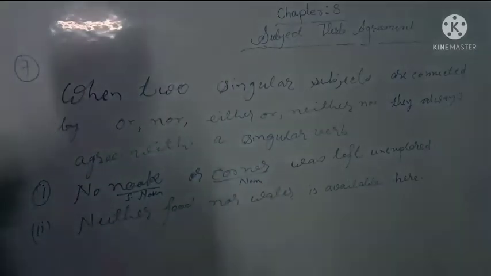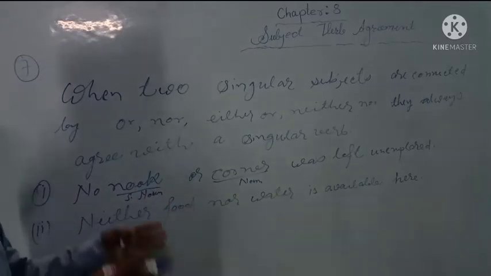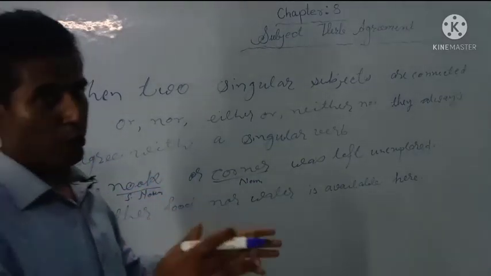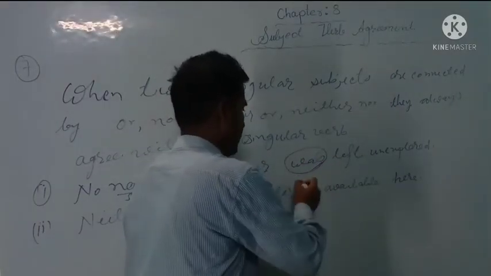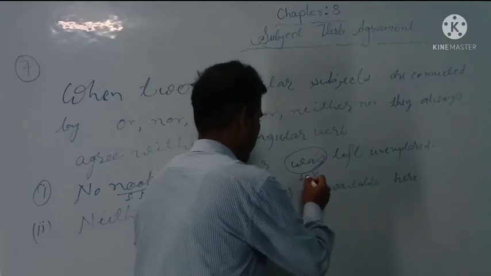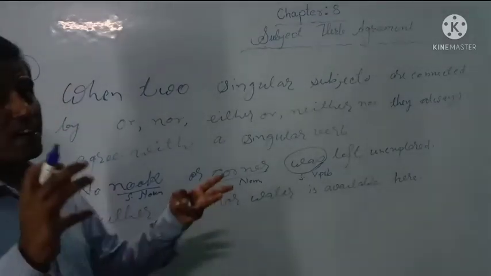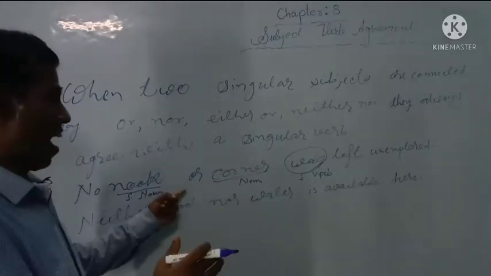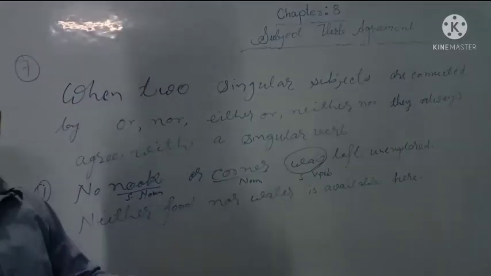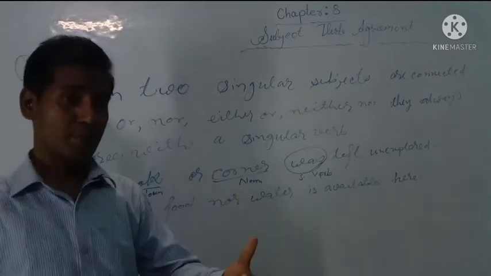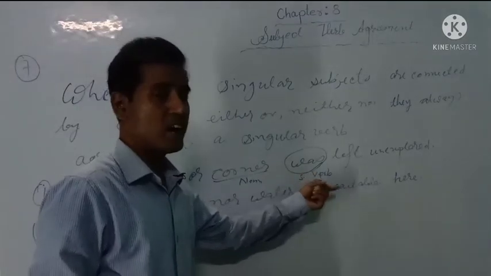These two nouns are joined by or, but though they are joined by or, they agree with a singular verb. They don't take a plural verb. When two singular nouns are joined by and, they take a plural verb. But when two singular subjects are connected by or, they take a singular verb.